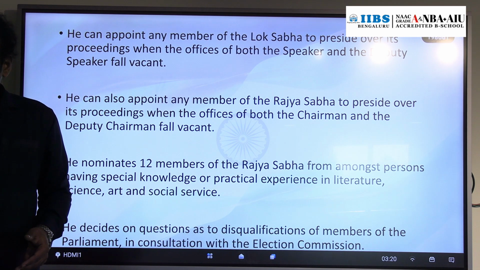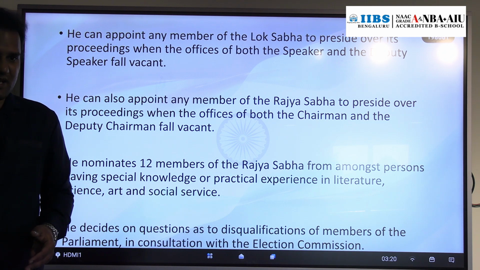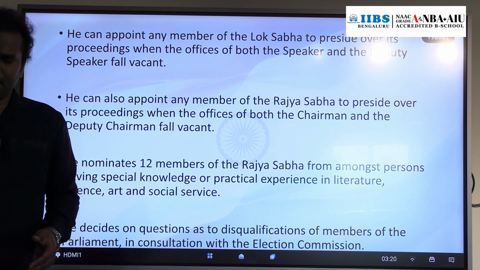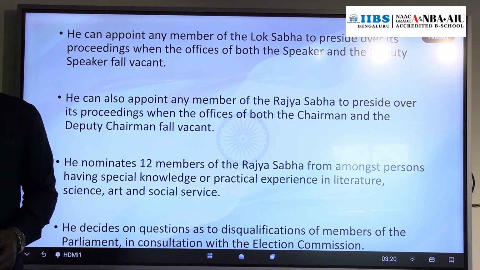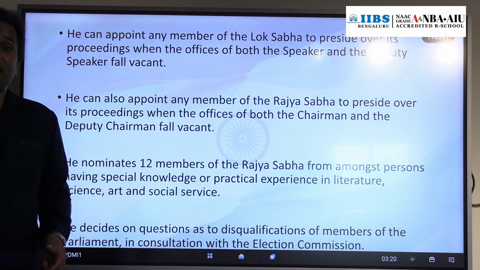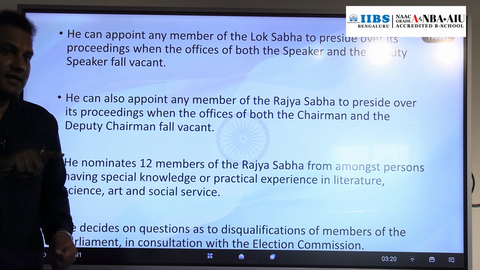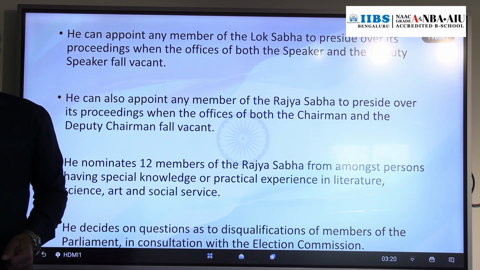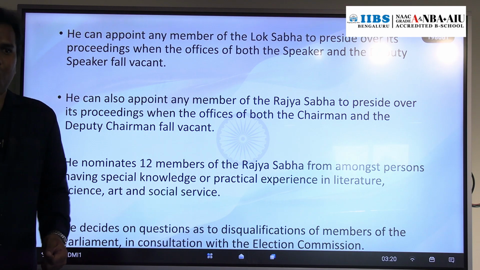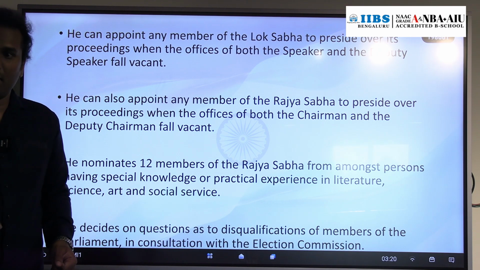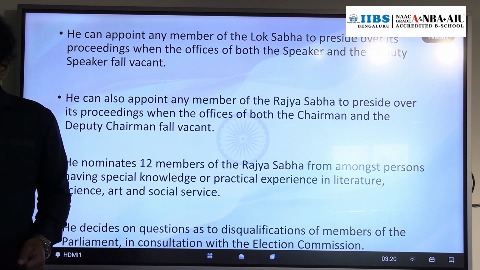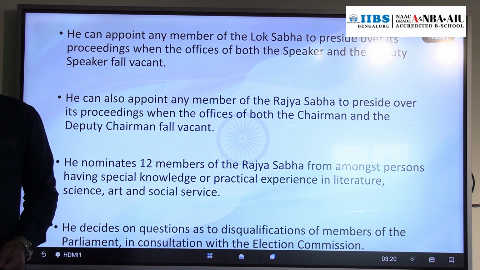If the Speaker is not available, then the Deputy Speaker; if the Deputy Speaker is not available, any person from the panel of chairpersons. That is the normal case. But when there is a vacancy in both posts, the President will appoint one member of Lok Sabha to preside.